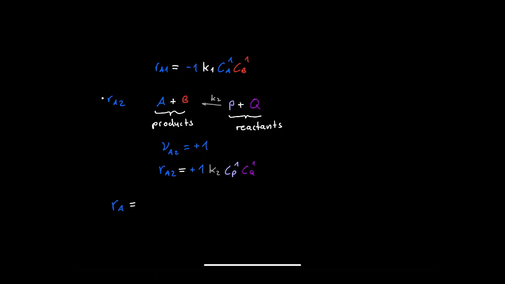So the result is going to be equal to -1 times the rate constant K1 times Ca elevated to 1 times Cb elevated to 1 plus +1 times the rate constant K2 times Cp elevated to 1 times Cq elevated to 1, which we can simplify as follows.